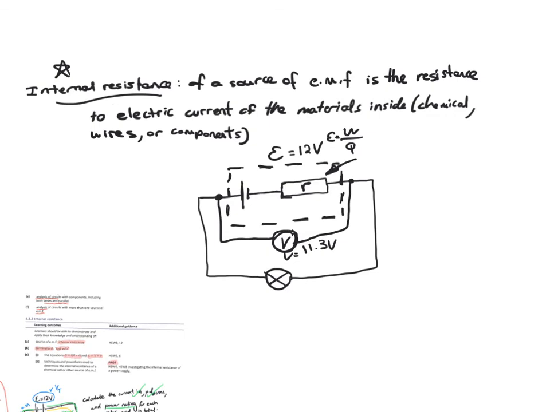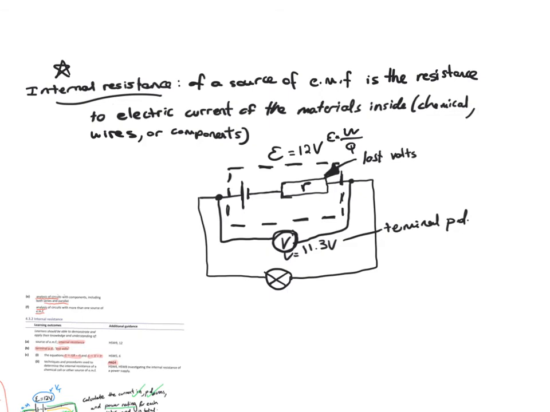So the amount of energy per unit charge that will be given to the circuit, and then we have the lost volts in the internal resistance, which is the energy per unit charge wasted, basically. So this is terminal potential difference.